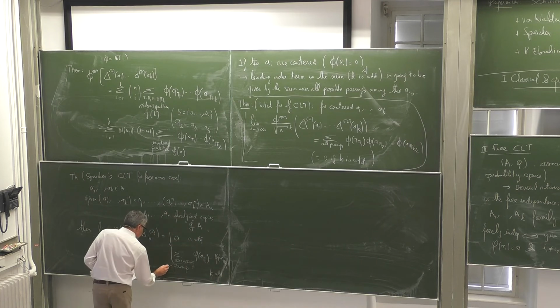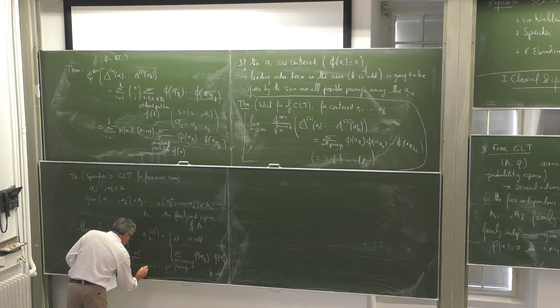So non-crossing pairings means that we consider only pairings like this one.